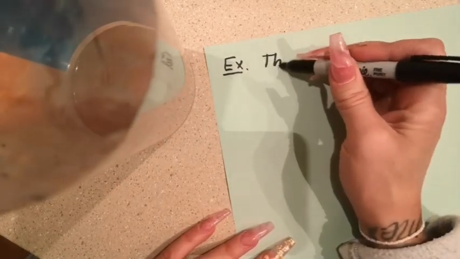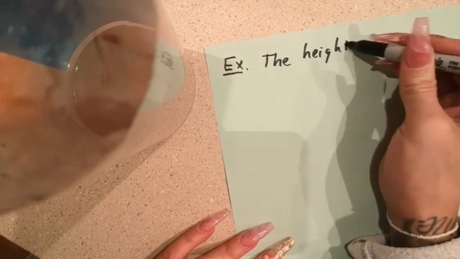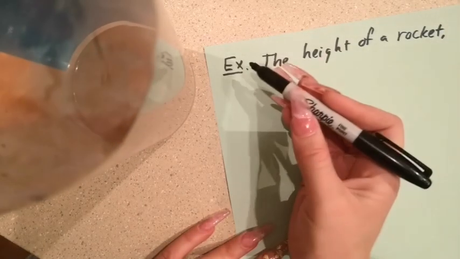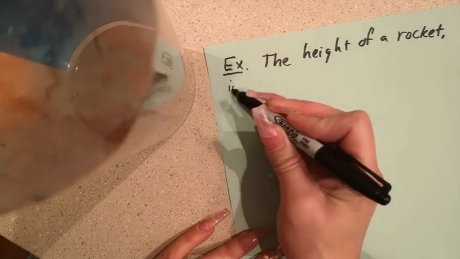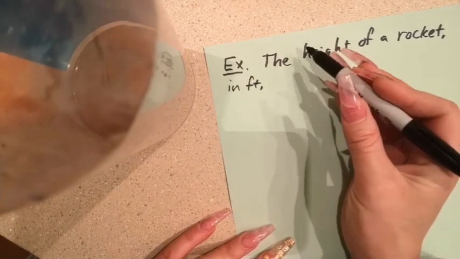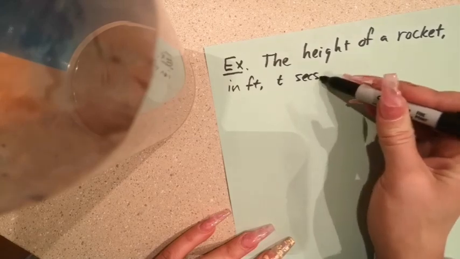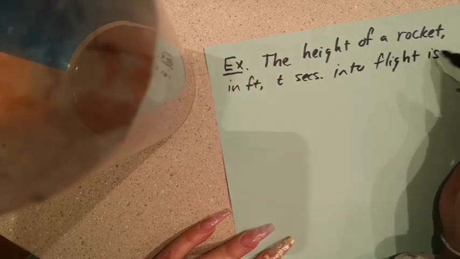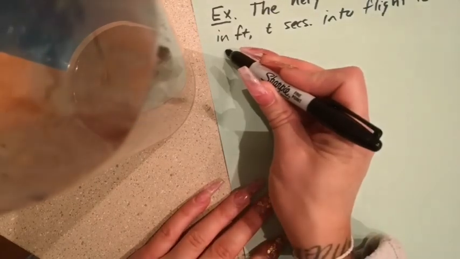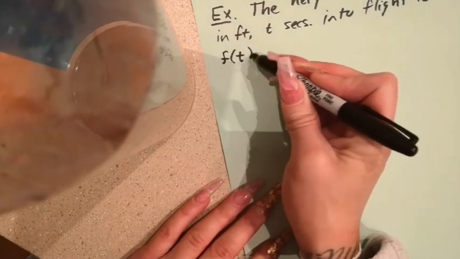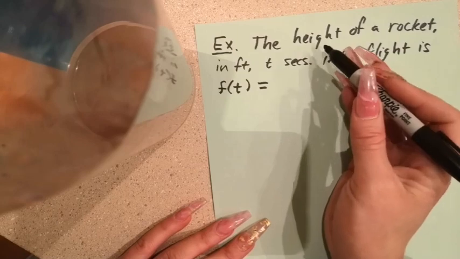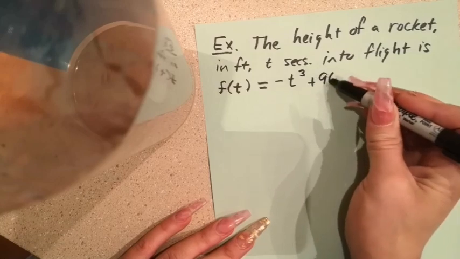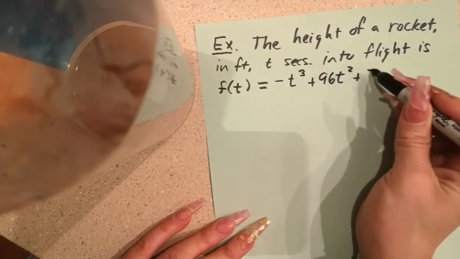It says the height of a rocket, and that is in feet, t seconds into flight, is given by f of t equals negative t cubed plus 96t squared plus 5.